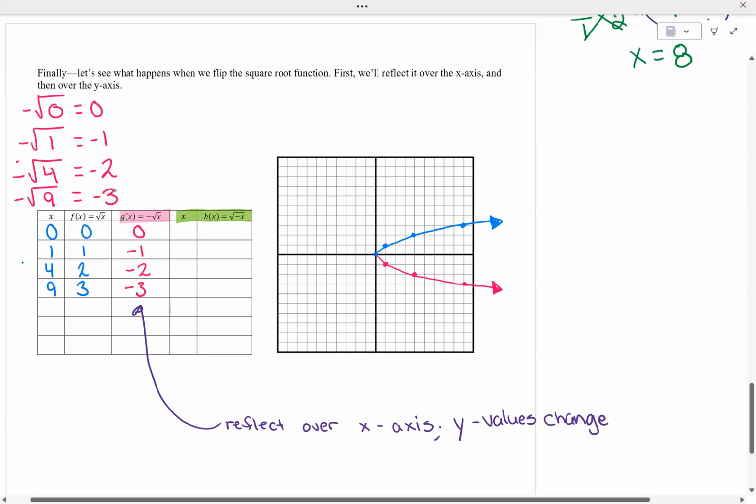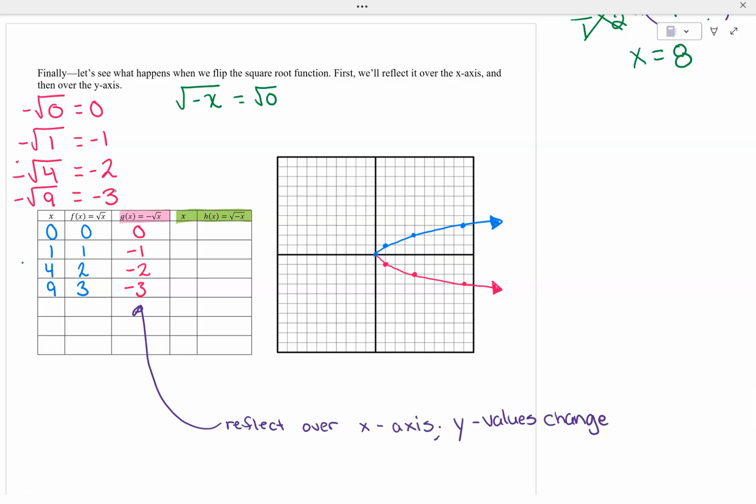Okay, but notice where the negative is now. It's the square root of negative x. Well, I need that to say the square root of 0. This one's a little bit easier to see because I would go negative x equals 0. Well, x would still be 0 because we would divide by that negative 1. Okay, so 0 would still give us 0. But notice what happens next.